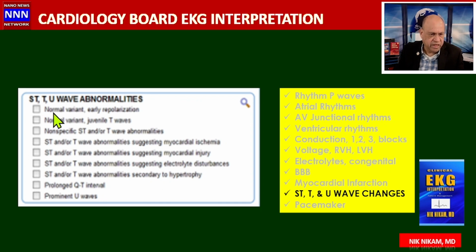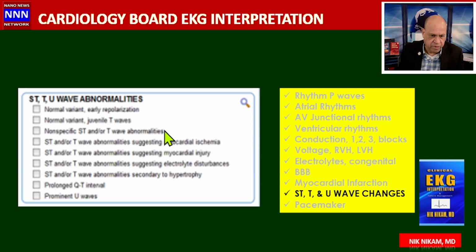Some of the things that you need to be familiar with are these, because if you know these things, then that's all you're going to be tested. So you need to know what is a normal variant, early repolarization. What are the characteristics of early repolarization? Normal variant, juvenile T waves. So there may be a tip in the history if it says juvenile.